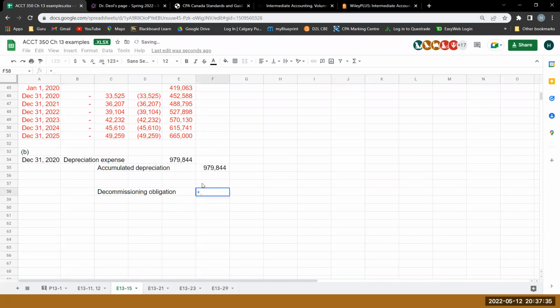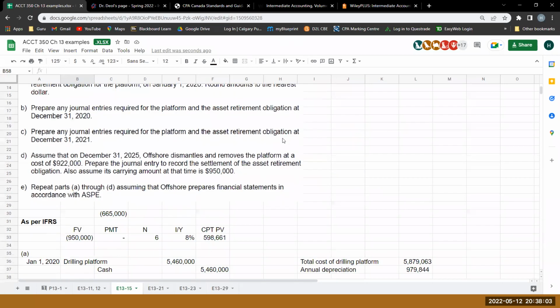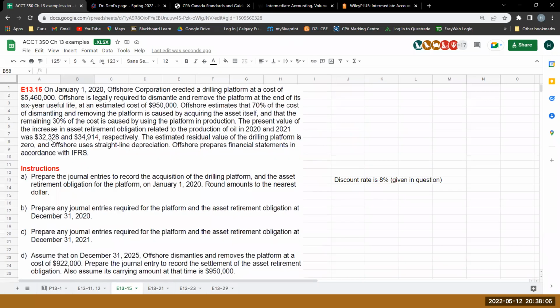The amount you want to credit it by is 33,525. And what is that 33,525? It's interest expense. Or you could have used finance cost. That is also allowed. Now, the other number that they gave us in the question, 32,328, was a result in the decommissioning obligation related to the production of oil.